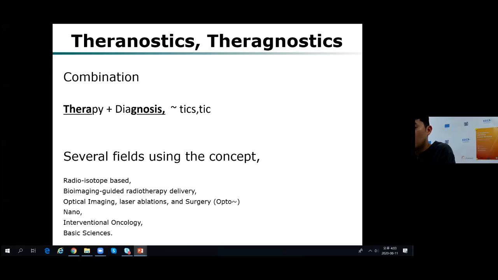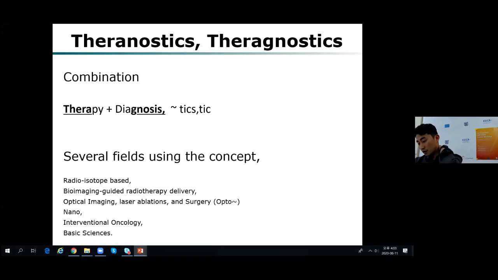In our field, we use radioisotope-based diagnostic concepts. For example, technetium and iodine are representative examples. Another radioisotope-based approach is bioimaging-guided radiotherapy. This means a fluorescence dye or other imaging modality is conjugated to the radiolabeled compound, so we can use this technique to detect a tumor or other pathological region.